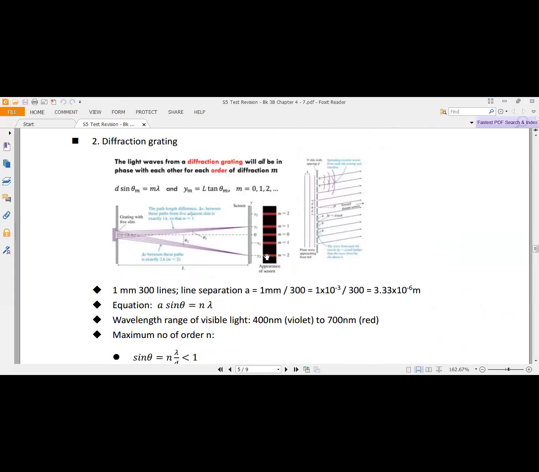Diffraction grating. So for diffraction grating, I may need to use a whiteboard. Okay, now so I will send the light towards a diffraction grating. Alright, this is a diffraction grating. The diffraction grating is not the same as the Young's double slit.